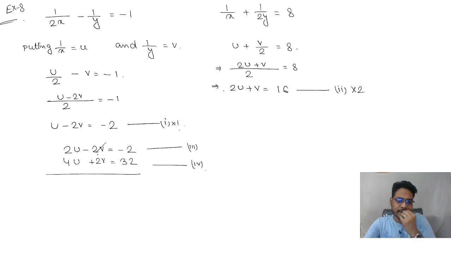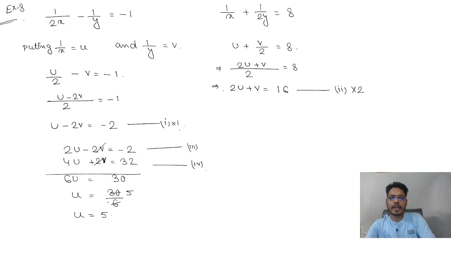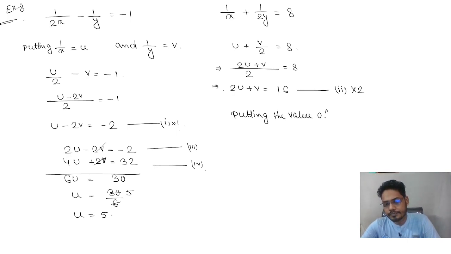Now if you add this, minus 2v plus 2v is cancelled. So here 6u will be equals to 30. u will be equals to 30 by 6, that means 5. u is equals to 5. Now putting the value of u is equals to 5 in equation number 1.